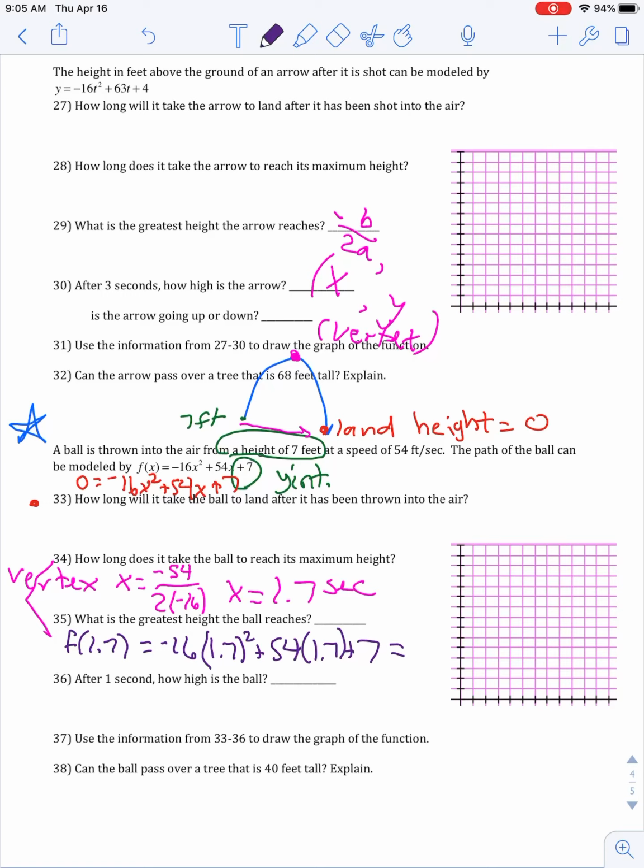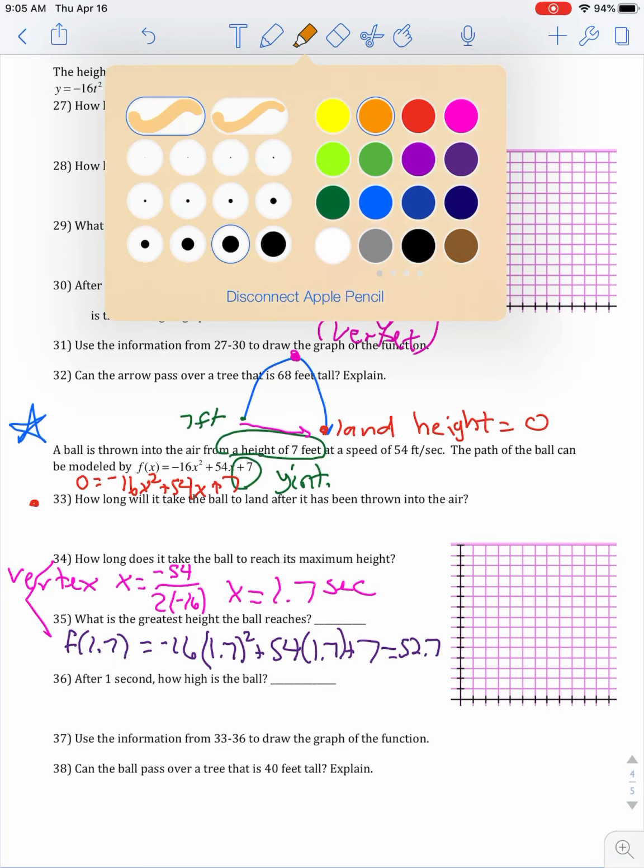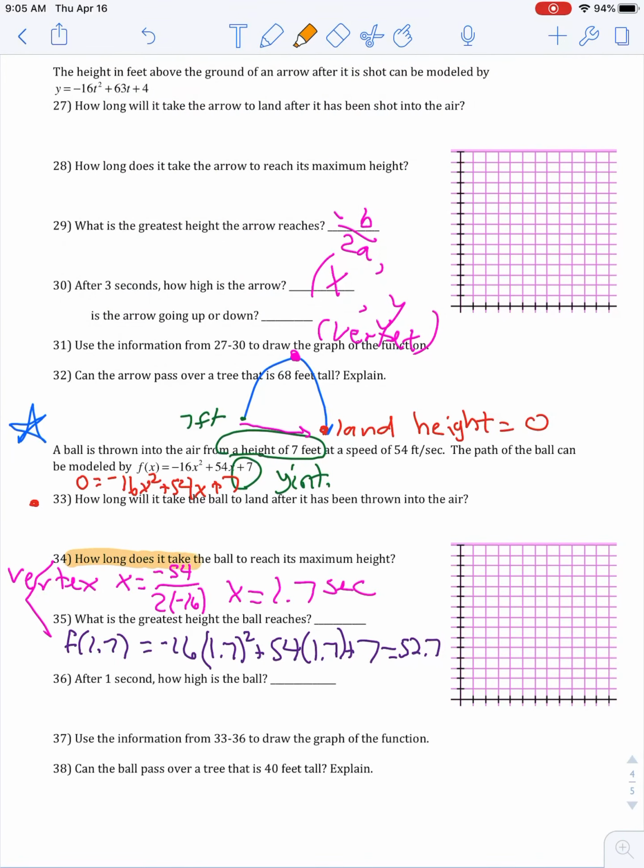So for my height, again, enter that into your calculator with the parentheses, and you'll get 52.56, or again, we'll round to 52.7. So what I've found so far is that how long it takes the ball to reach its maximum height is 1.7 seconds, and the greatest height the ball reaches is 52.7.